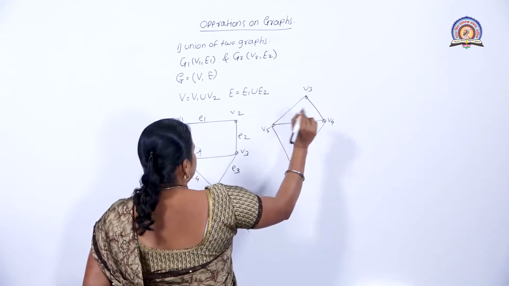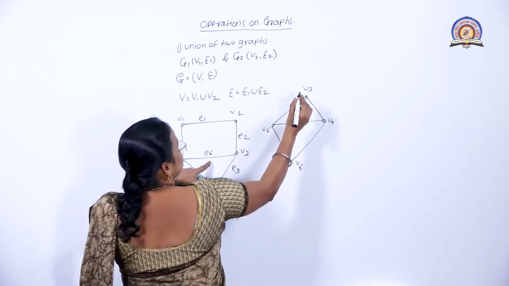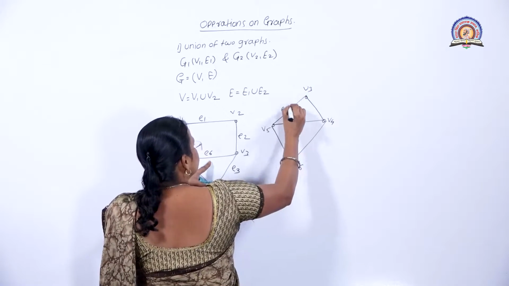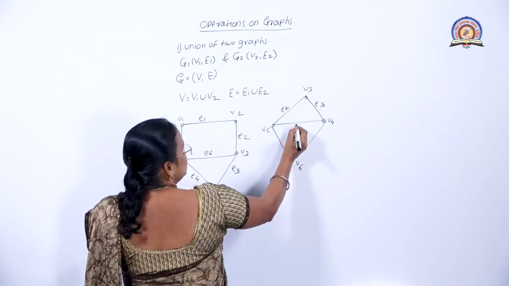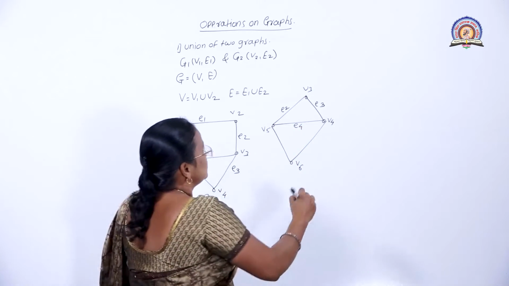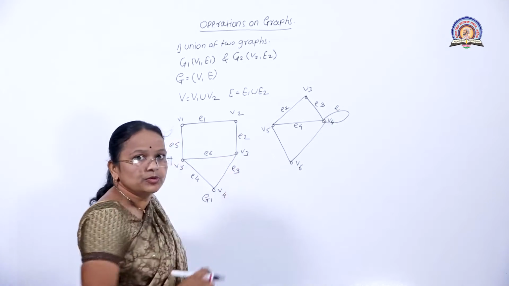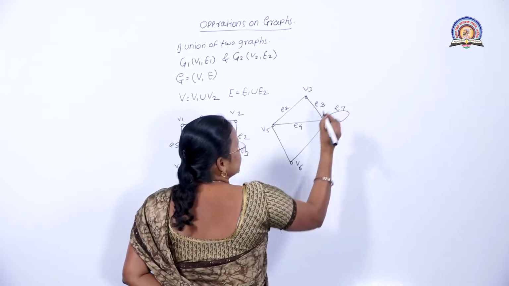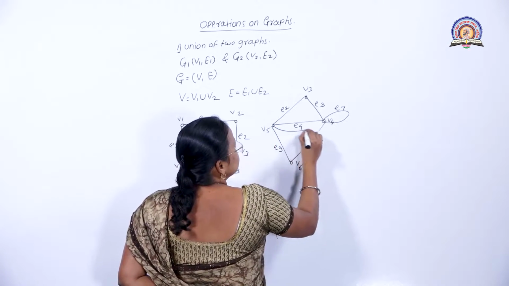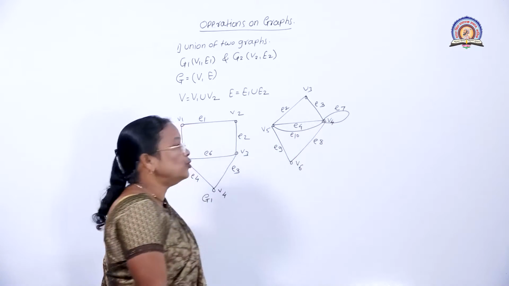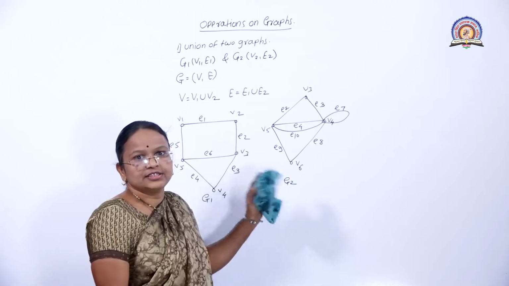Here the edges are V5V3 that is E2, V3V4 that is E3, V5V4 that is E4. Now we add some more edges, E6, E7, E8, E9, and an edge like this, E10. These are two different graphs, G1 and G2.